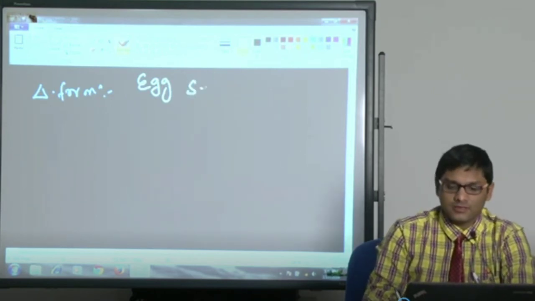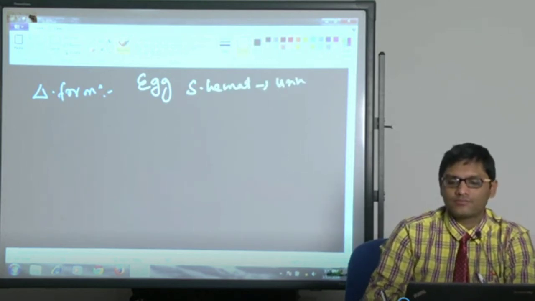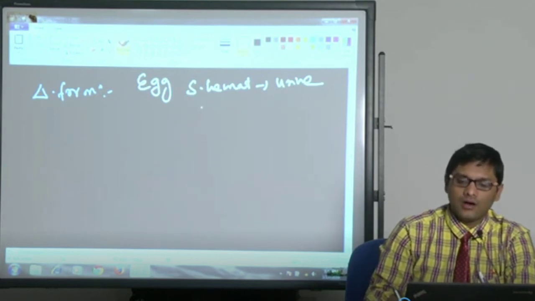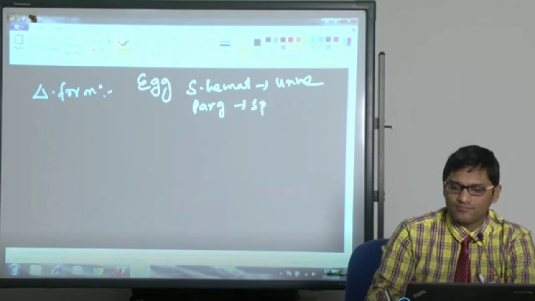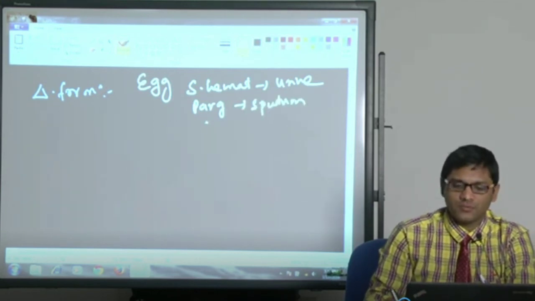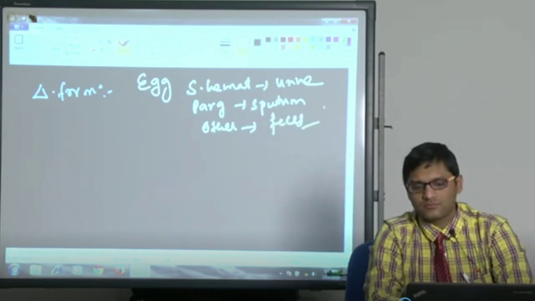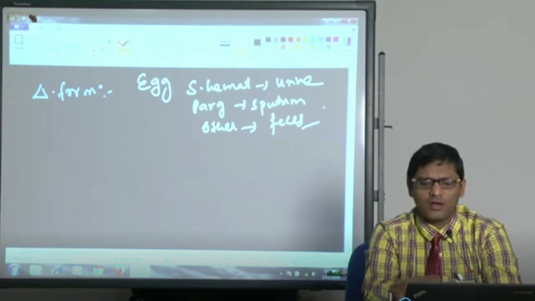For example, for Schistosoma haematobium, the egg is detected in urine, whereas for Paragonimus in sputum, whereas in most other trematodes it is detected in feces. The specimen is different, otherwise the egg is the diagnostic form.